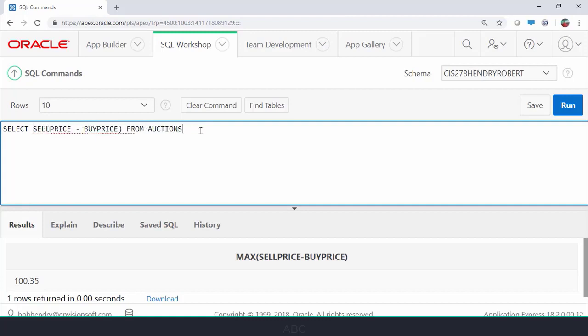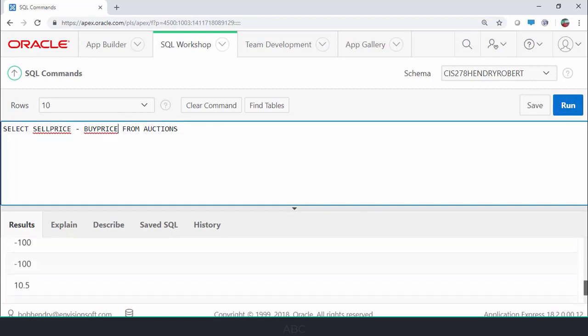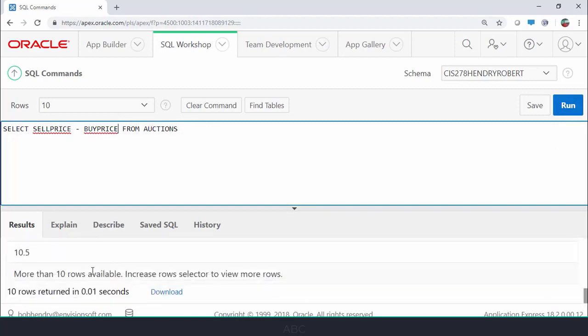Oh, you know what it is? Yeah, more than 10 available. Increase row selector. Yeah, so I just don't see it in here, so we're good.